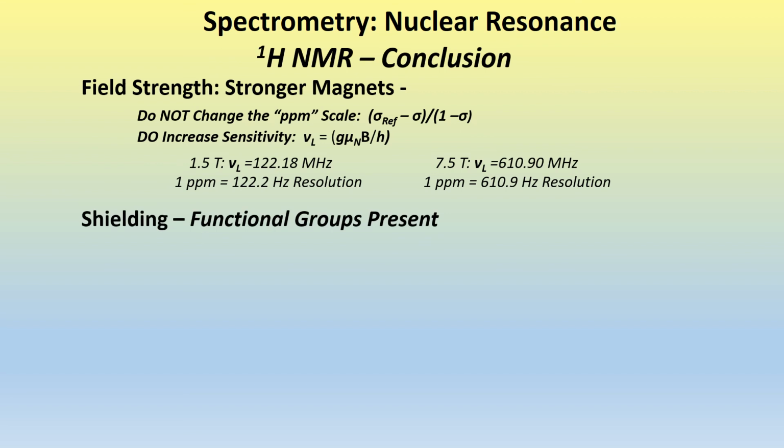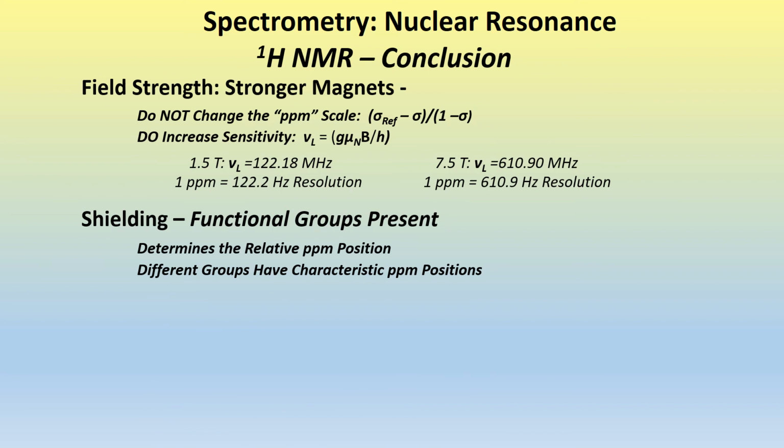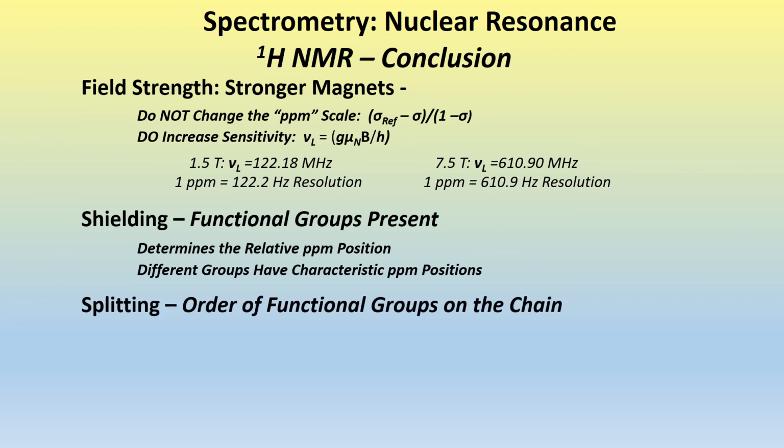That sensitivity can be used to determine, first of all, what functional groups are present through the shielding. The shielding determines the relative ppm position of each group in a molecule, and different groups have characteristic positions, so one can look on tables to find out what is resonating where. The magnetic field is then affected by splitting, the effect that neighboring protons have on a proton.